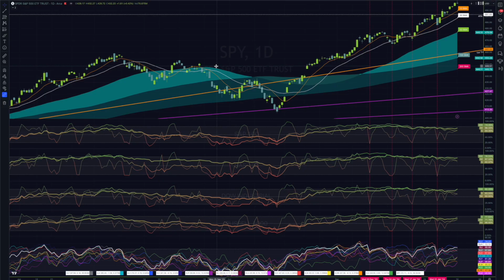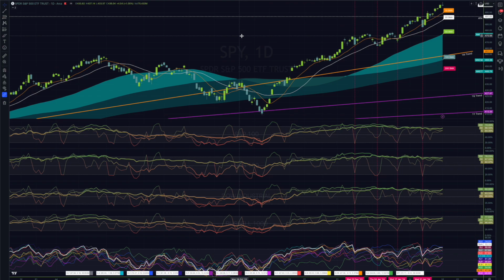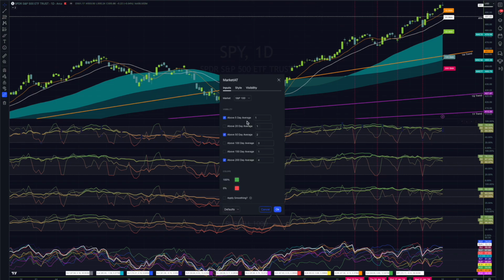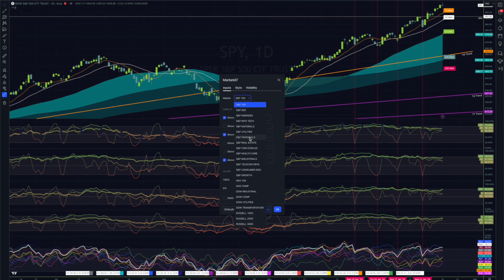Going over to market breadth. I don't know if I've covered this on a video, but I put this together. Market Average Trend is the name of the indicator, and you can configure this for different markets. So S&P 100, S&P 500, all the different sectors, energy, utilities, materials, health.